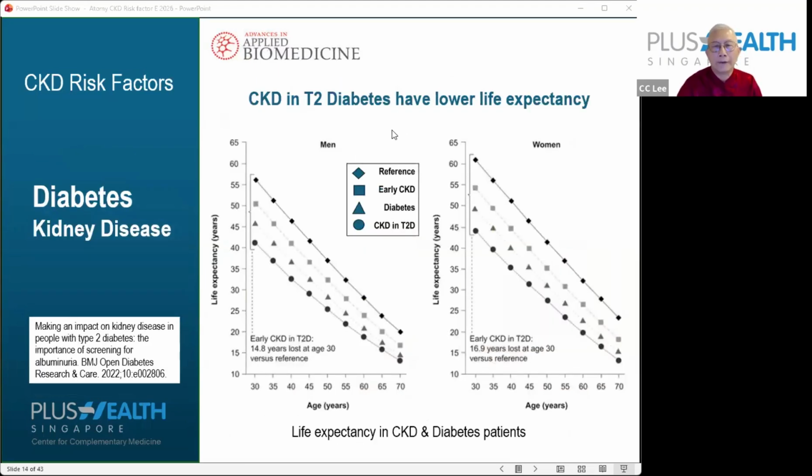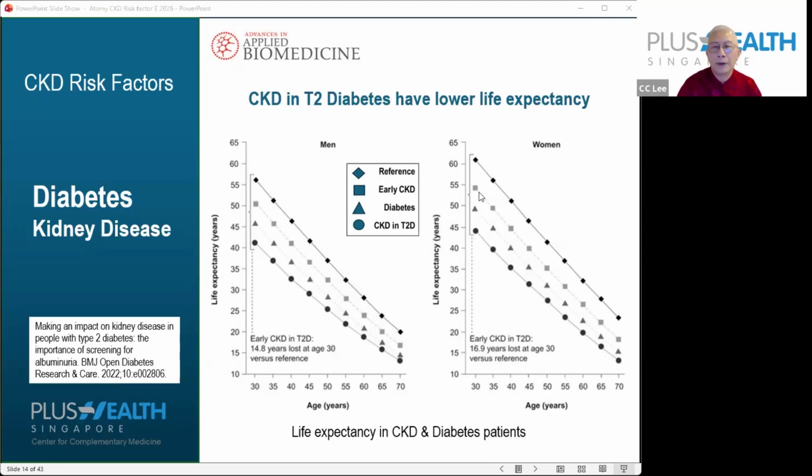Another way to look at it is that CKD patients with type 2 diabetes have a lower life expectancy. You can see from here, again, men and women, there is not much difference in terms of the trend, right? If you are having CKD, as you progress from 30 years old to 70 years old, your life expectancy drops along this curve.